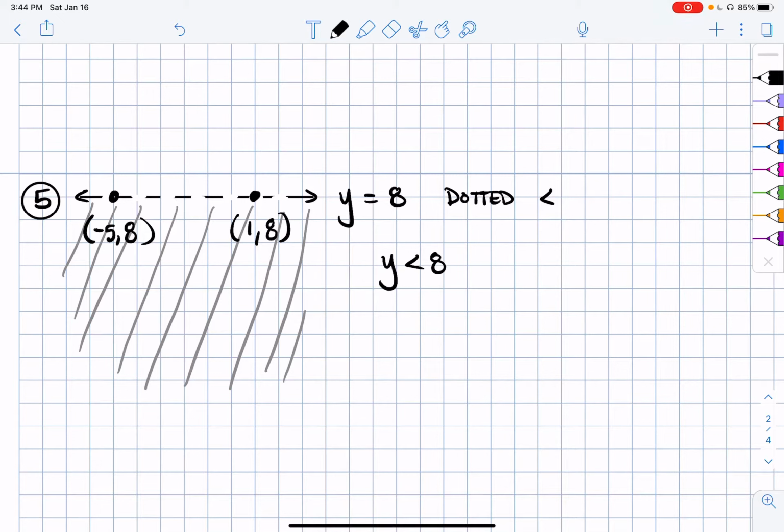And I did not write down the choice on my answer. Let me see what the choice is for number 5. Where is that sheet?